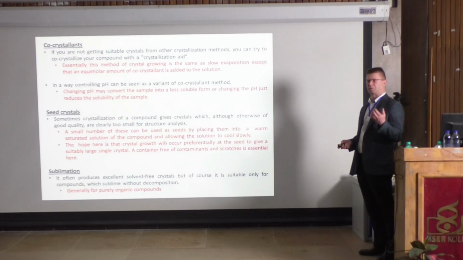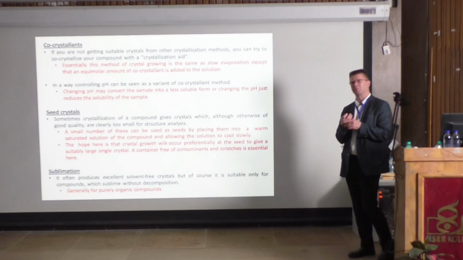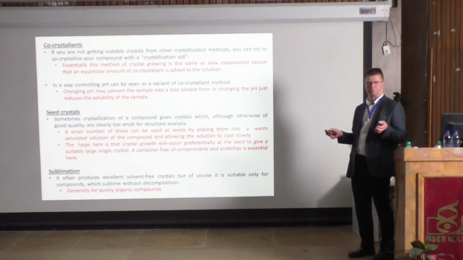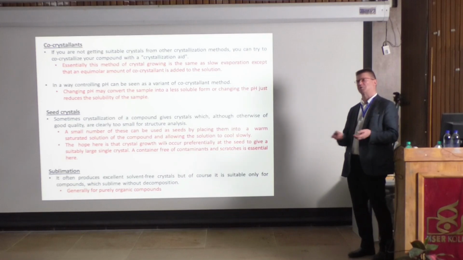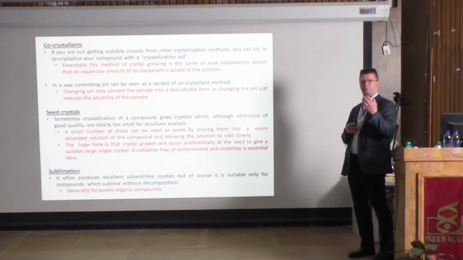This is a typical trick for when you have a very complex amine, for example. You try to crystallize, and it's always an oil. You don't get it, it always comes as an oil. So the easy thing is to add, let's say, hydrochloric acid or hydrobromic acid to make a salt out of it. You protonate the amine to make an ammonium cation, and then you have a salt.